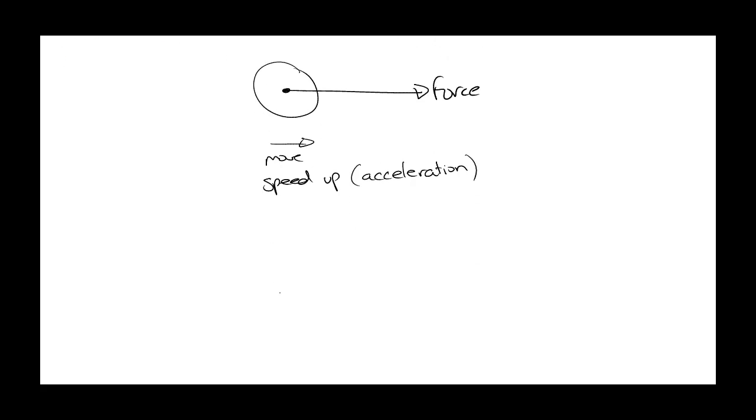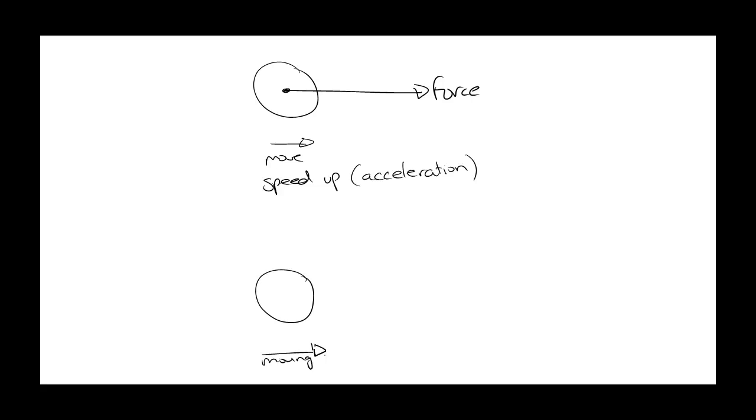Let us imagine now that this object is actually moving in that direction. Didn't draw my arrow very well, so I'll just redraw that. Is moving, but it still has no forces acting on it. Most people think that for an object to be moving, it must have a force acting on it.